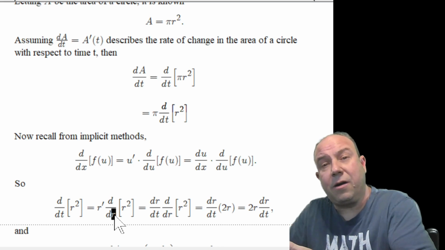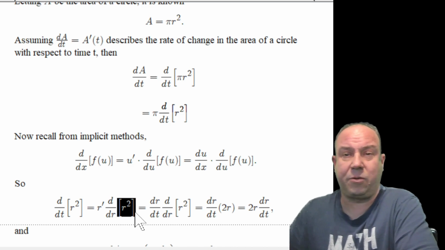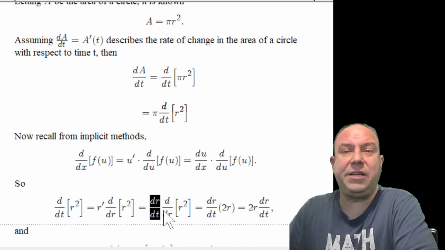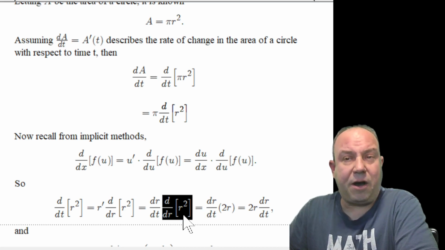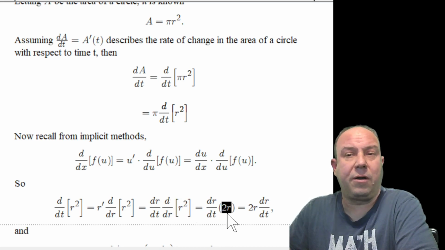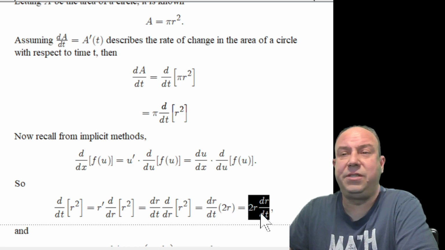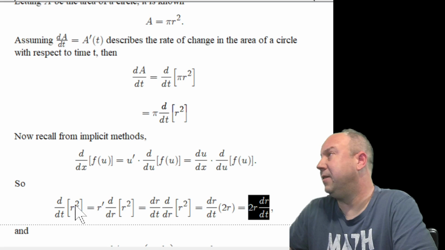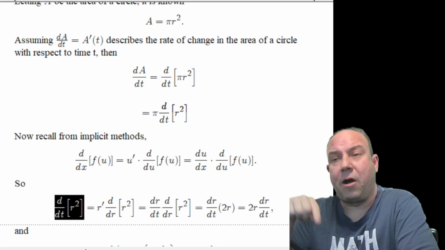The derivative with respect to r for r squared would be dr dt times d dr of r squared, where d dr of r squared is simply 2r. So it would be 2r times dr dt. That would be the derivative with respect to t for r squared.